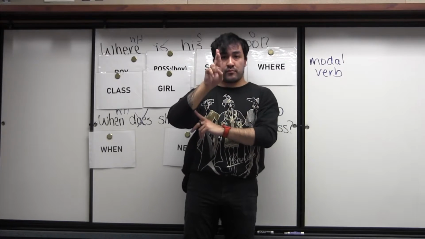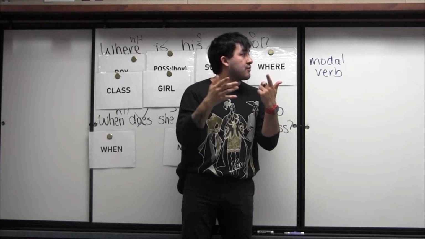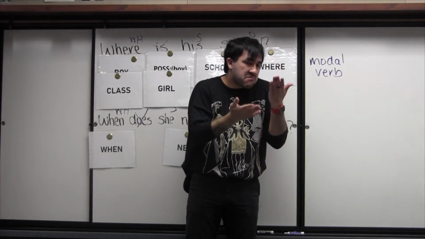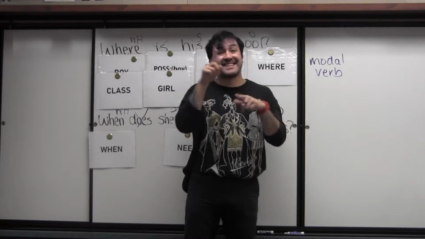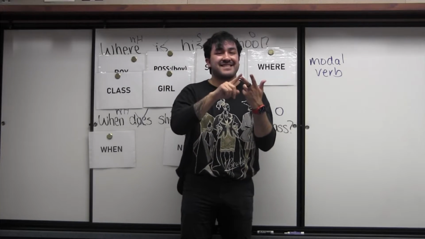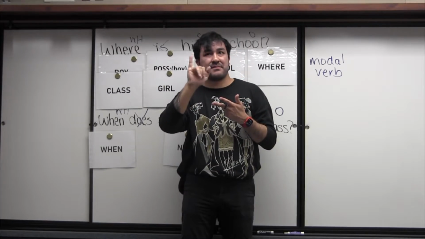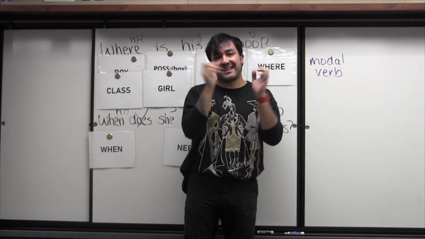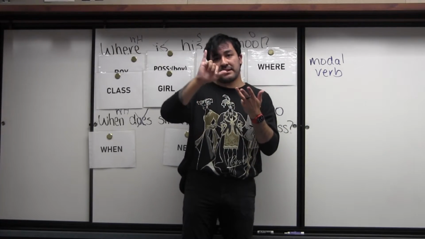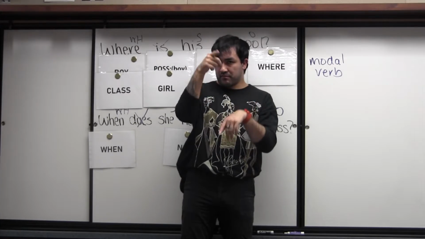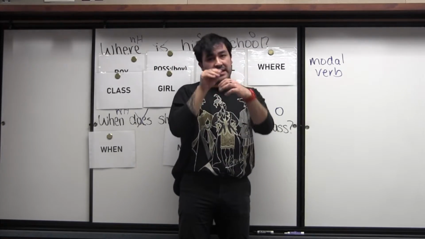There is permission. Oh, no, that's wrong. Permission is also can and can't, right? There is possibility, and that's can or maybe. There is obligation or requirement, you must do something.